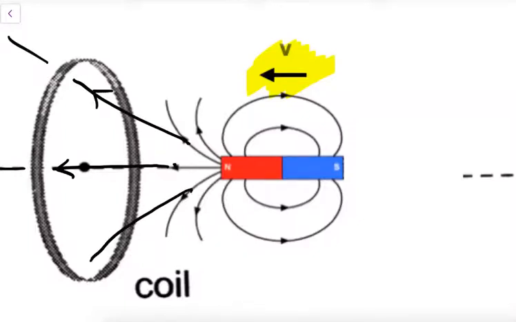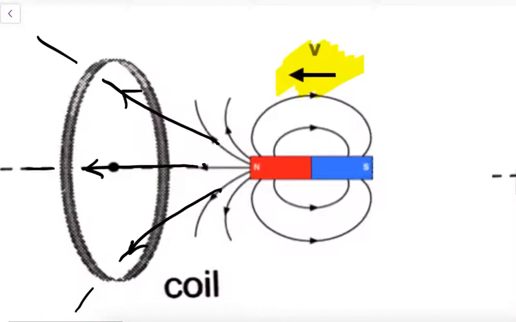Imagine this one actually enters this way. And so there are two variables we're looking at. We're looking at, is it the North Pole? And then is it entering or exiting? I like to think of the North Pole as kind of positive, or if there's field lines entering the coil, such as this, like the North Pole, then that's a positive magnetic field.